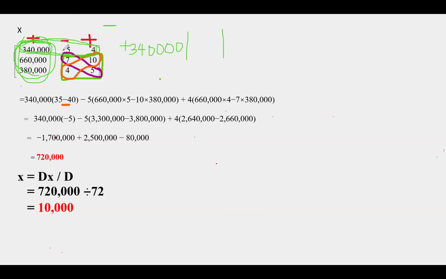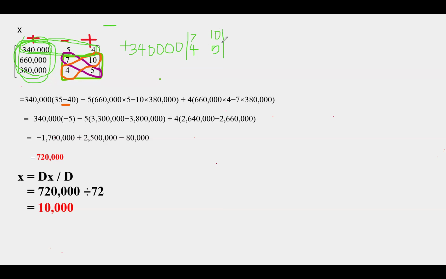Which leaves us with 4 numerals, which are 7, 4, 10, and 5, which we are going to write here. So it's going to be 7, 4, and 10, 5. You guys understand.